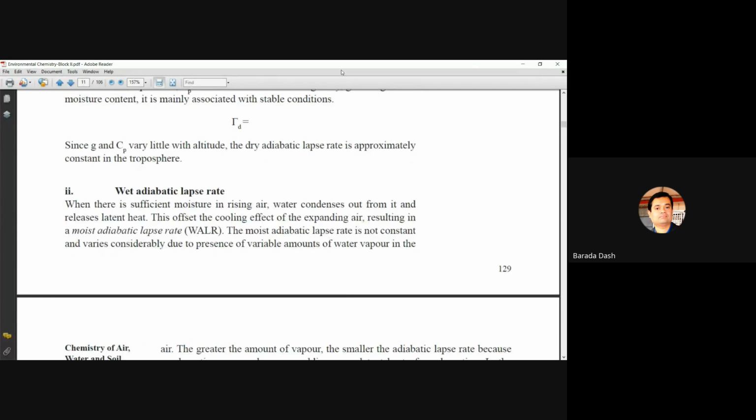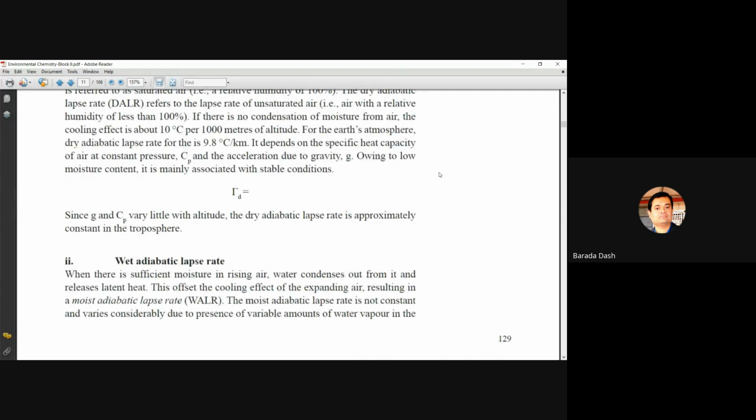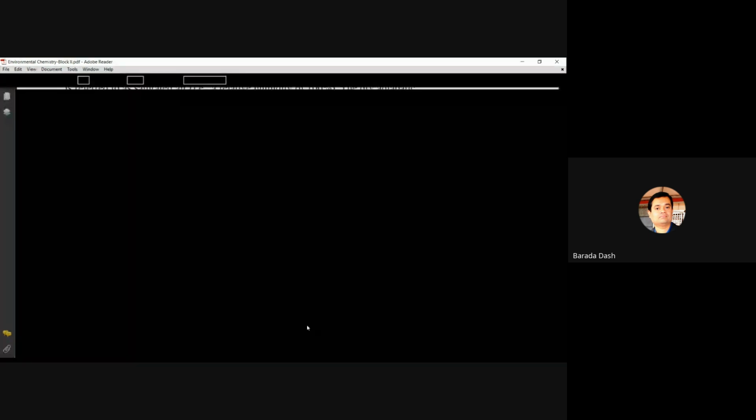So then what is WALR? Along with DALR, WALR is the wet or moist adiabatic lapse rate.